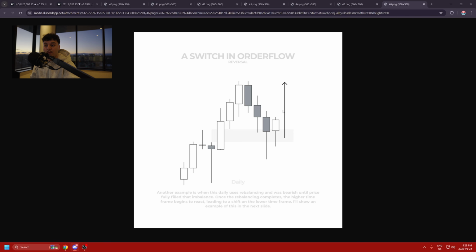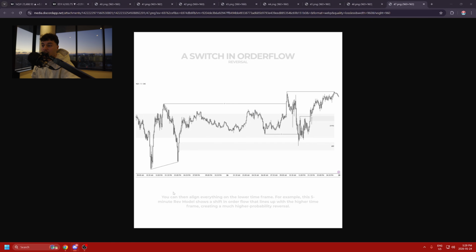So once the rebalancing completes, the higher time frame begins to react, leading a shift on the lower time frame. I'll show an example of this on the next slide. So those same points of interest, you can align them. Everything on the lower time frame here, for example, this 5-minute reversal model shows a shift in order flow where I'm hovering over my mouse that perfectly lines up with the point of interest, like I said again.